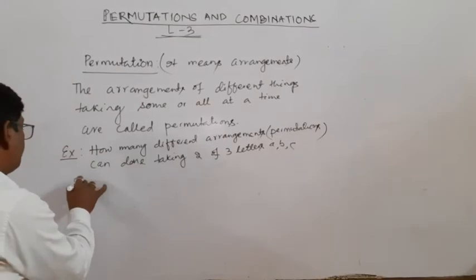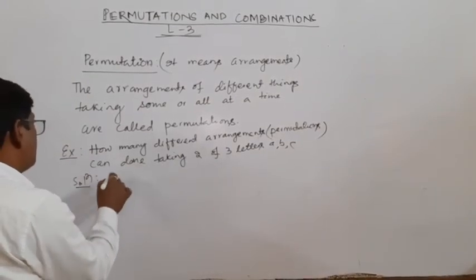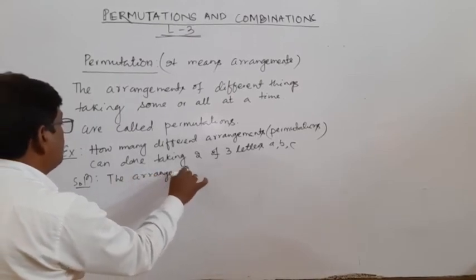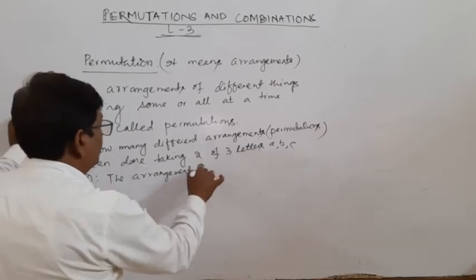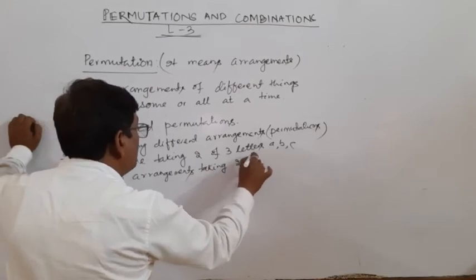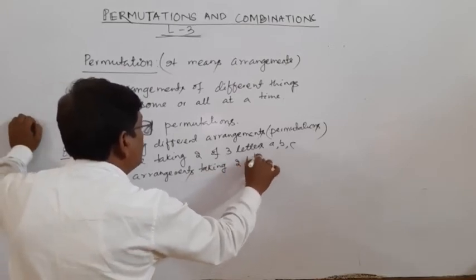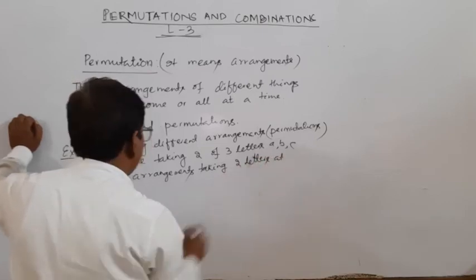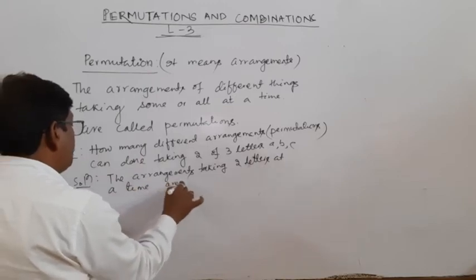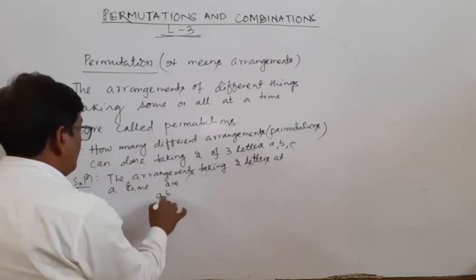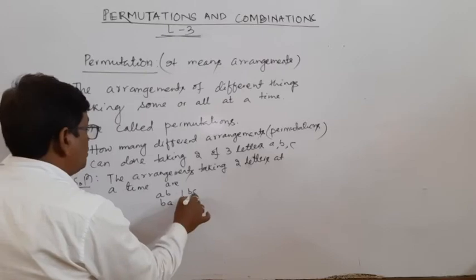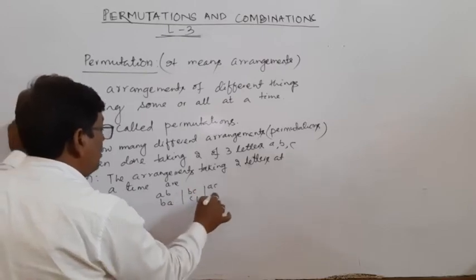Solution: the arrangements taking two at a time, two letters at a time, are either AB or BA, BC or CB, AC or CA.